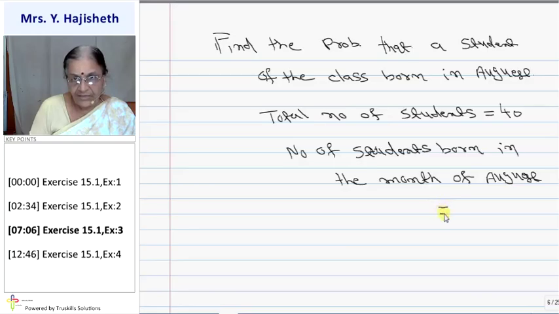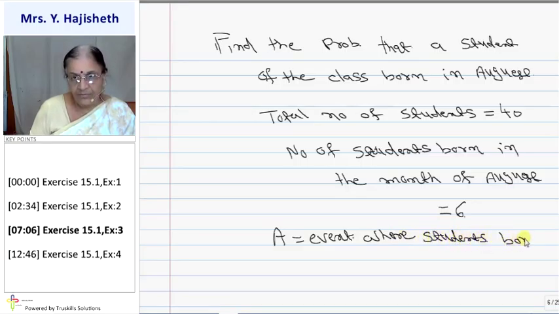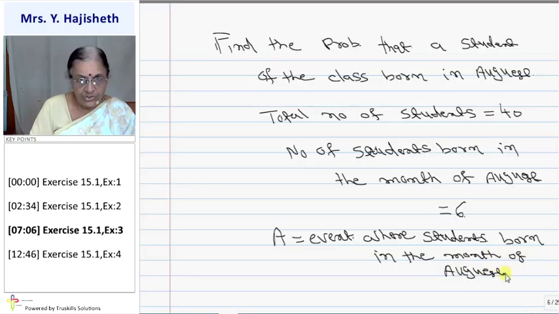Are 6. If I call A is an event where a student is born in the month of August, so what is your P(A)?